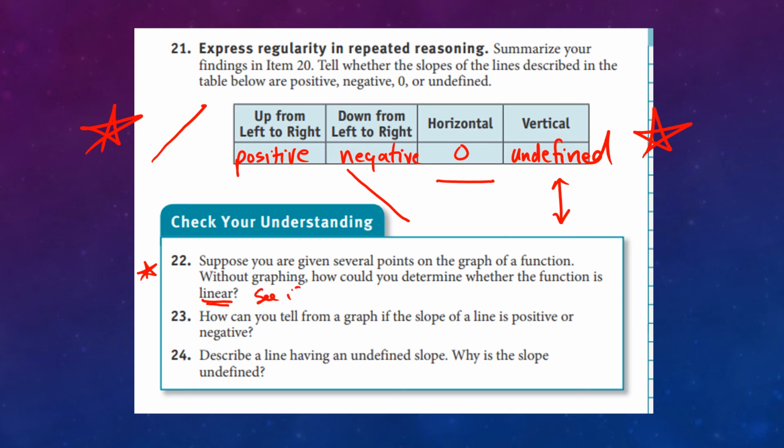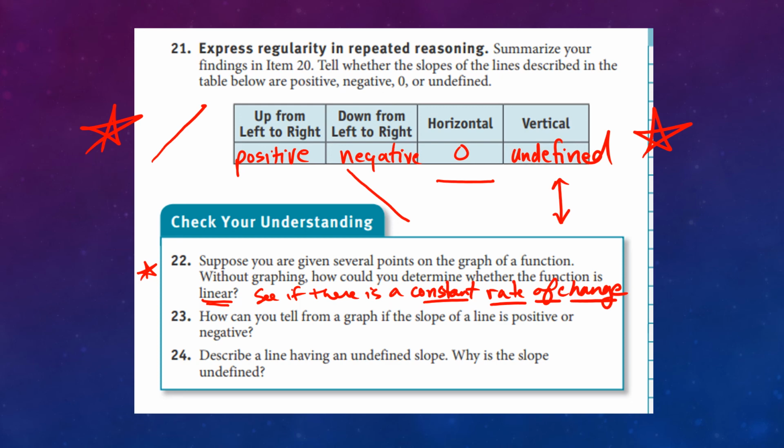See if there is a constant rate of change. If I ask you what makes a function linear, I need you to tell me it has a constant rate of change. It's always changing by the same amount. That's what makes it stay in a straight line.